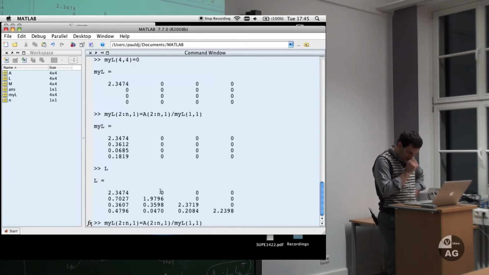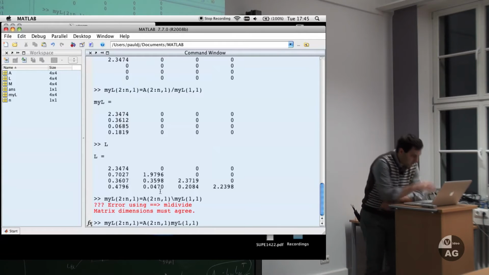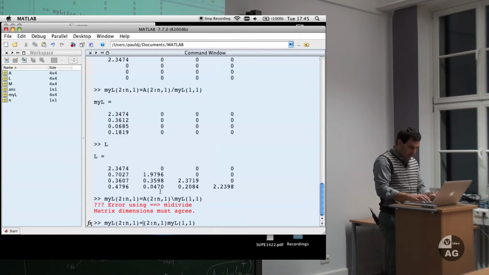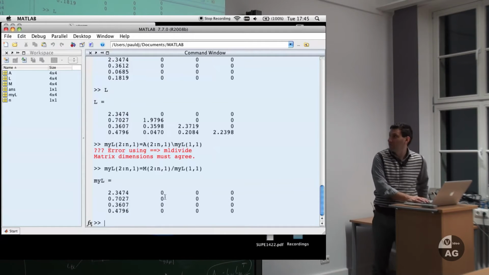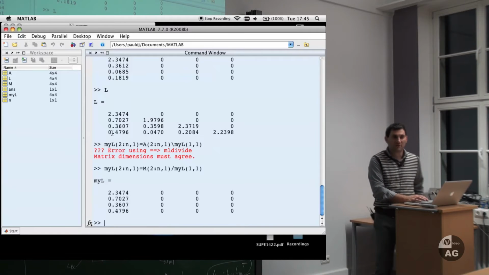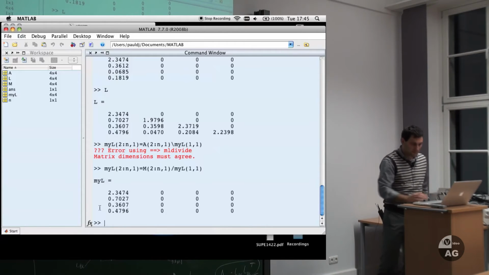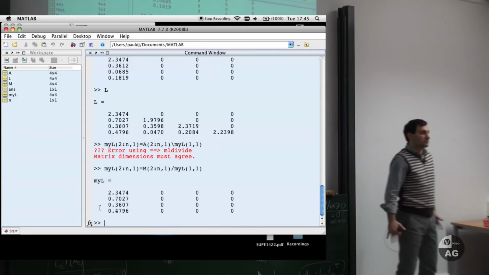No, this is a scalar. This would make a mess. Oh, it's not A, it's M. Okay, looks much better, huh? So we have computed the first column. So far, so good. How do we proceed?